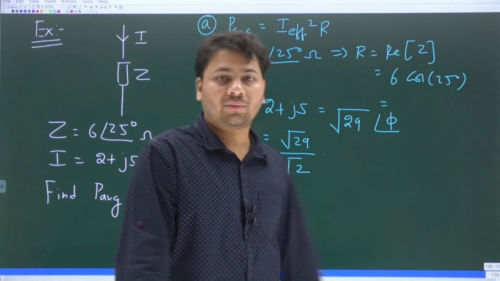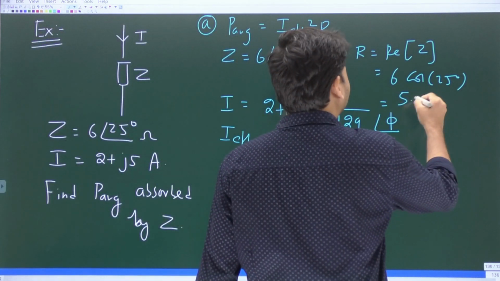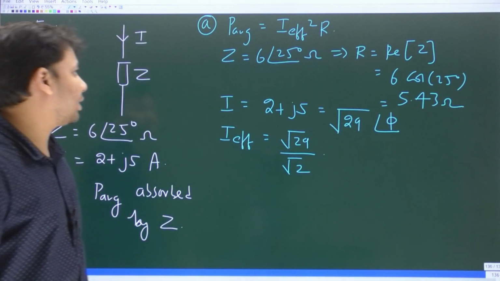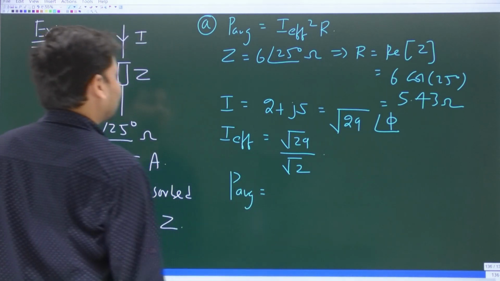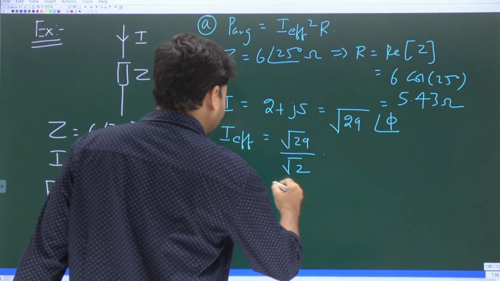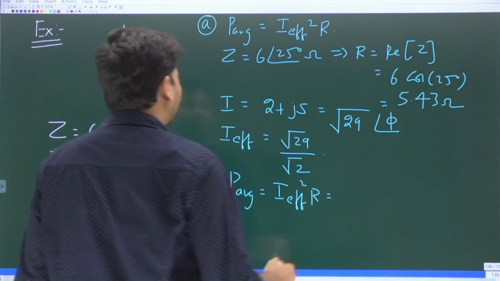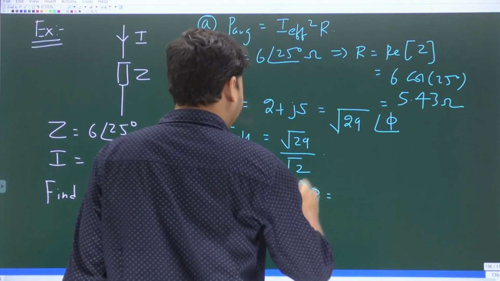So the resistive or the real part of the impedance is 5.43 ohms. Once you know the resistor, can't we find the average power absorbed by the impedance using the formula I effective squared into R? I effective is root 29 by root 2.